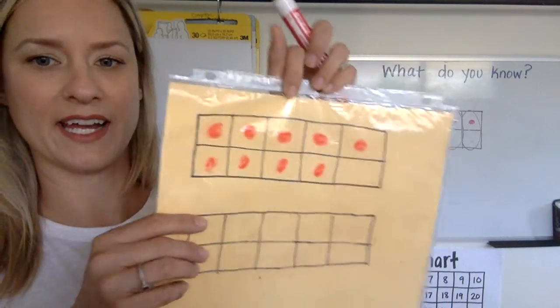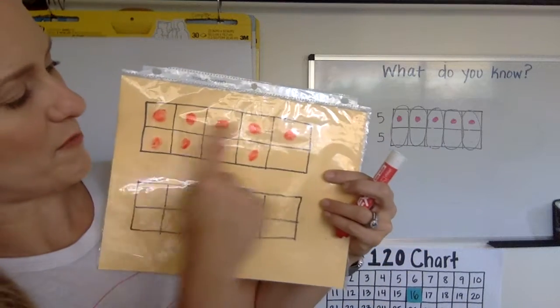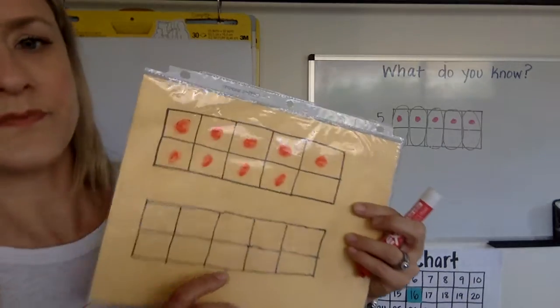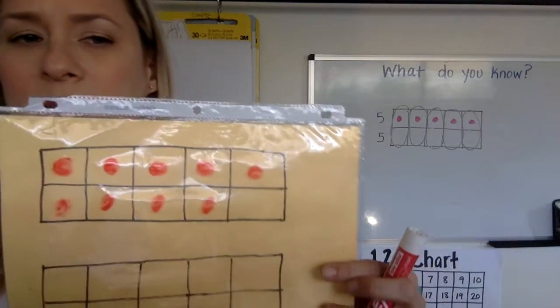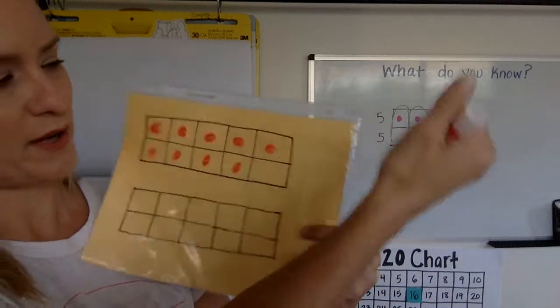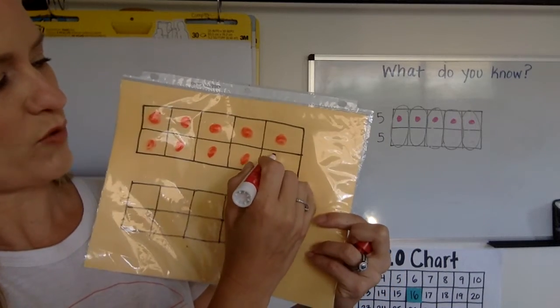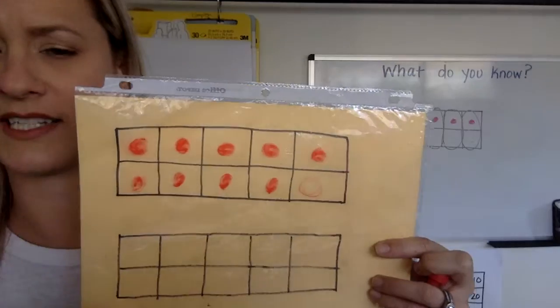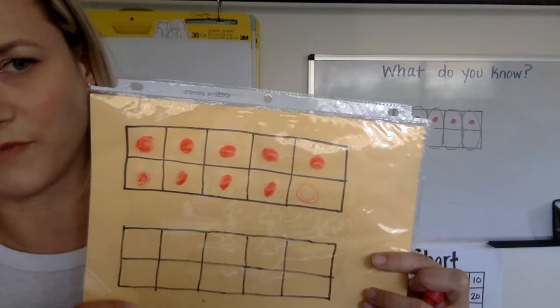So maybe you said, I counted on from 5 and did 6, 7, 8, 9. Or my guess is some of you probably said, hey, I knew the whole thing was worth 10 and 1 dot was missing. So 10 minus that 1 dot would make 9.